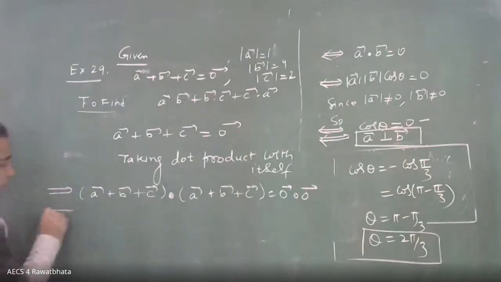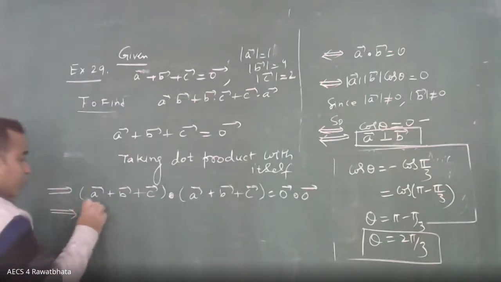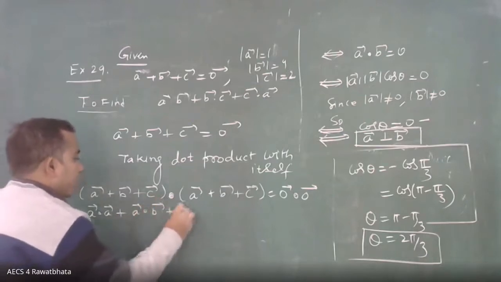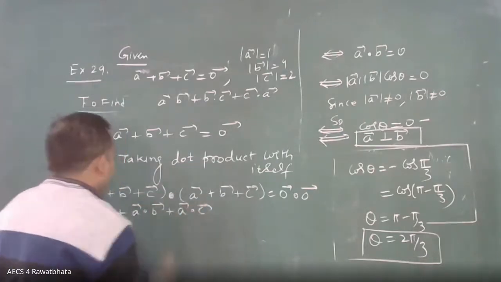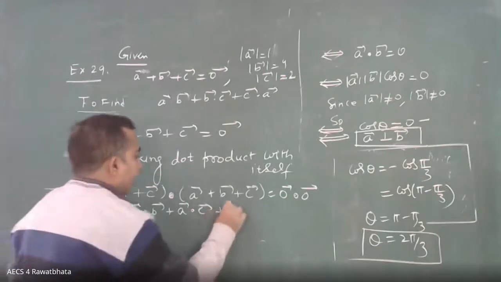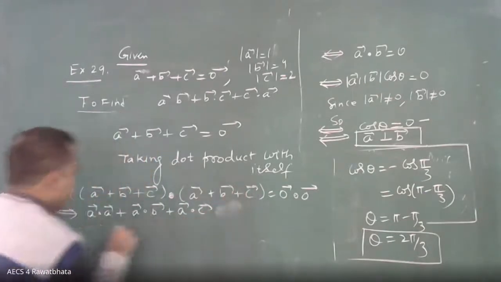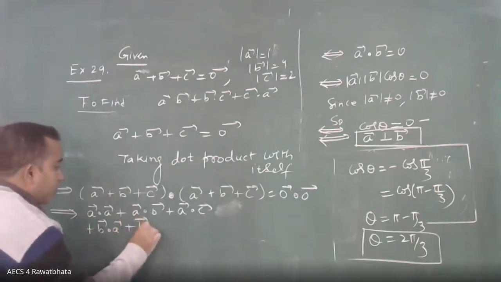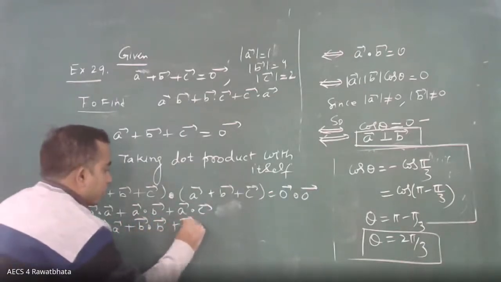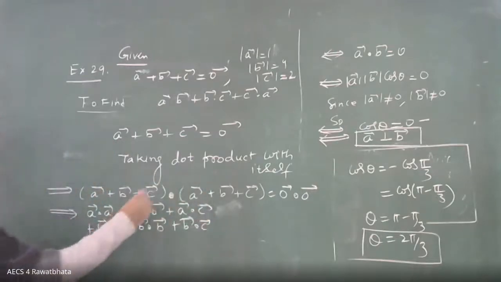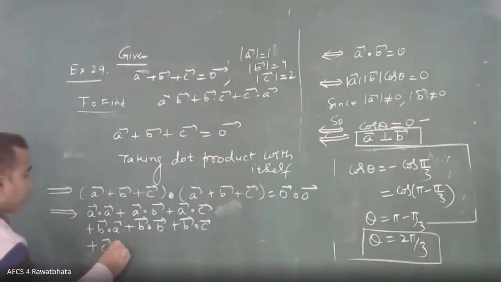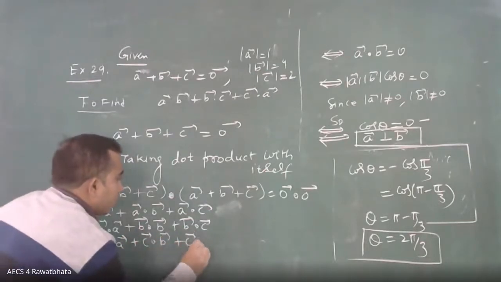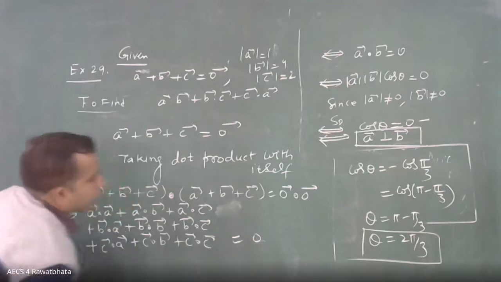Over the dot product, you will get A dot A plus A dot B plus A dot C plus B dot A plus B dot B plus B dot C plus C dot A plus C dot B plus C dot C equal to 0 dot 0, which is 0.